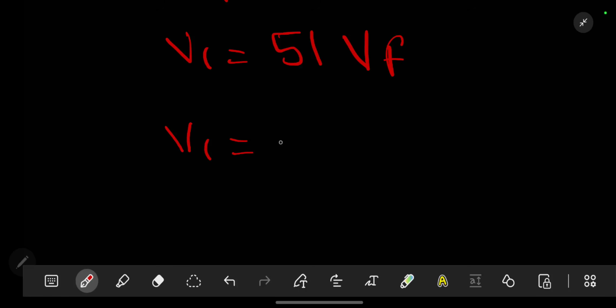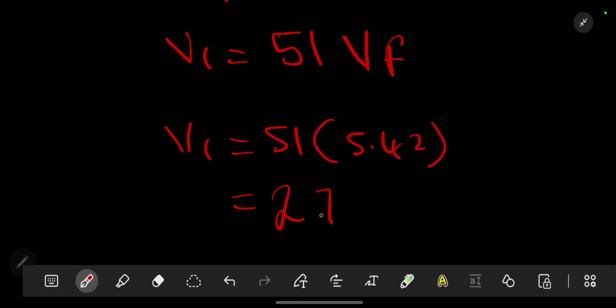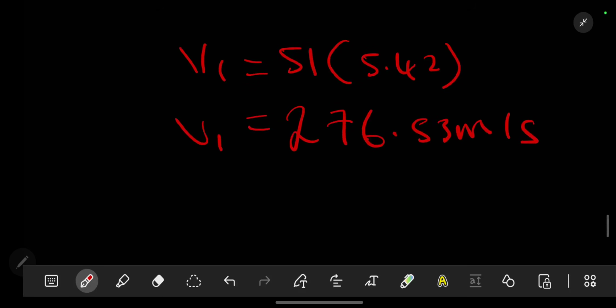Our V1 should be equal to 51 times the final velocity, which is 5.42. So when we multiply it by our 51, we are going to get 276.53 meters per second as our velocity.